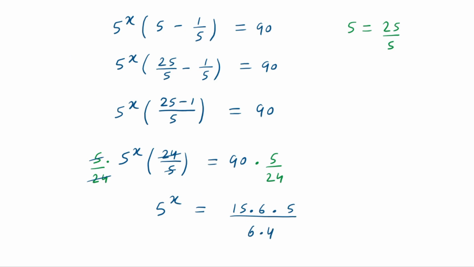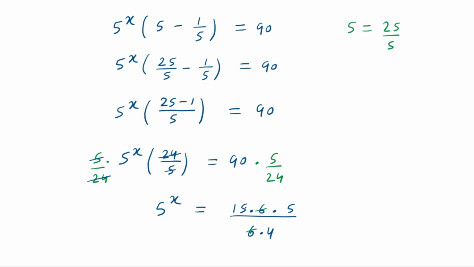Now look carefully at the right hand side, here this 6 and this 6 cancel out. On the left hand side we have 5 power x, and on the right hand side 15 times 5. 15 times 5 is 75 over 4. On the right hand side 75 over 4.